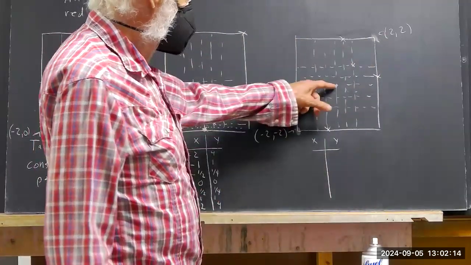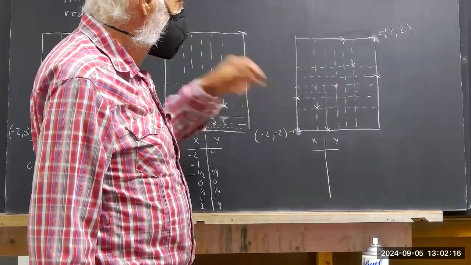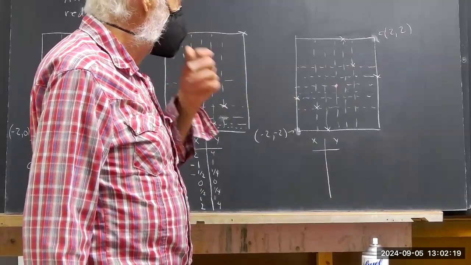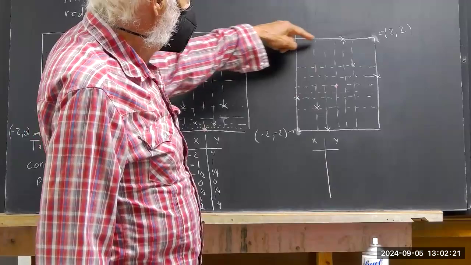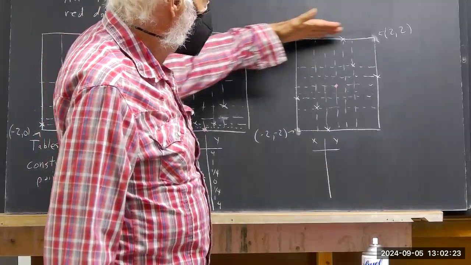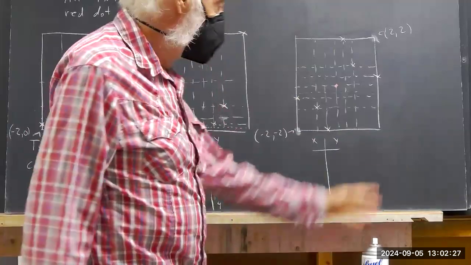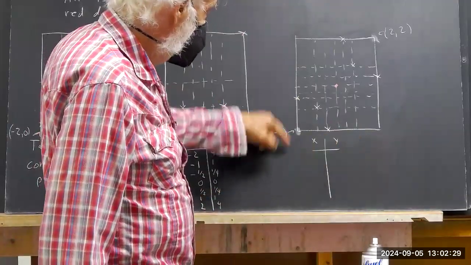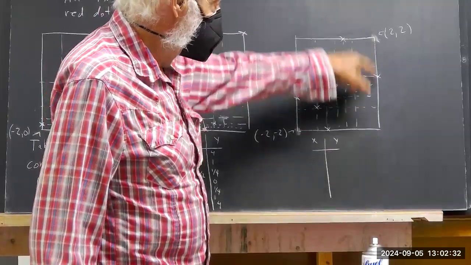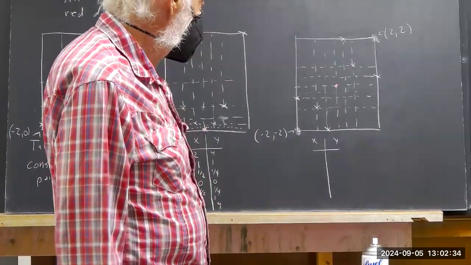But just to orient, of course, that's 0, 0. So what do we have? Well, up here, y is 2. Down here, y is -2. On the left, y is -2 everywhere on the left boundary, and y is 2 everywhere on the right boundary.